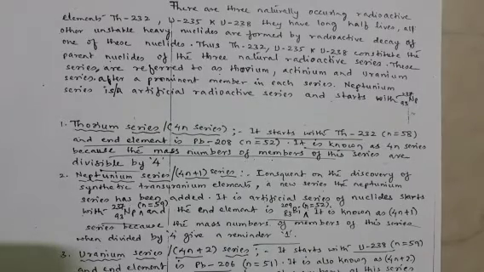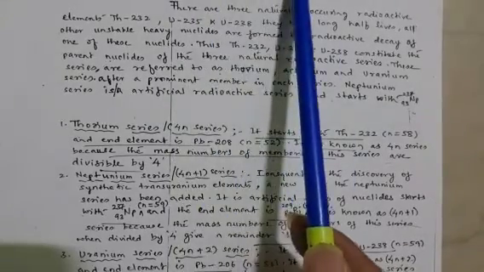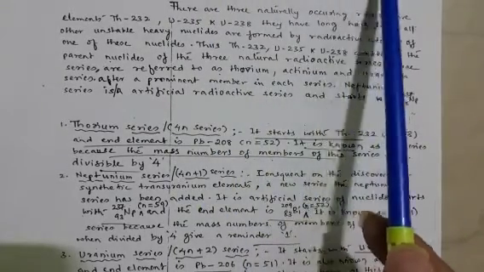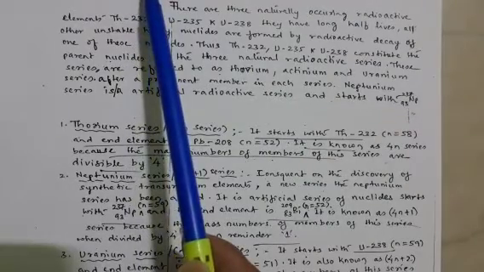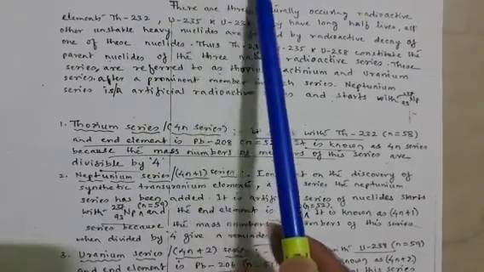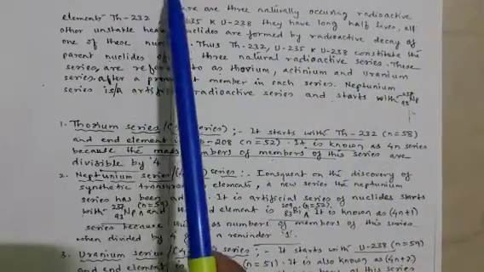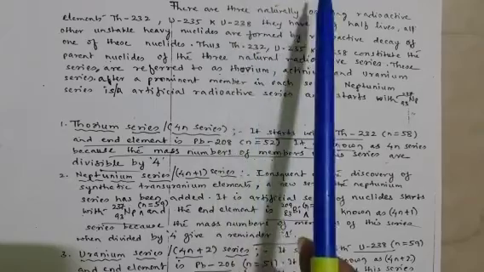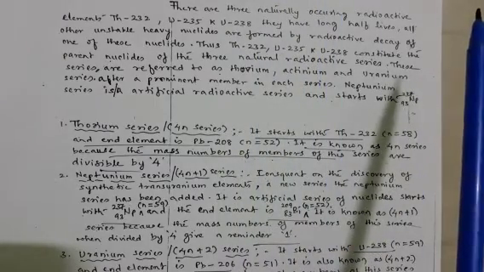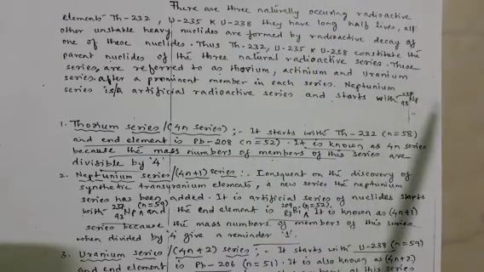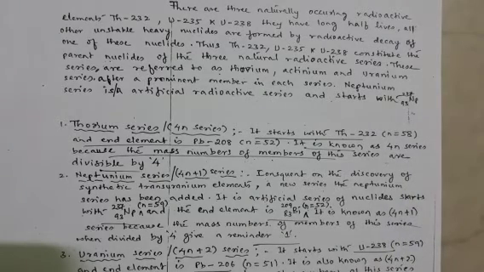The radioactive series can be defined as the series of changes which takes place by the emission of either alpha or beta particles from radioactive elements up to the formation of a stable element, called the radioactive disintegration or decay series. There are three naturally occurring radioactive elements, that is thorium-232, uranium-235 and uranium-238.